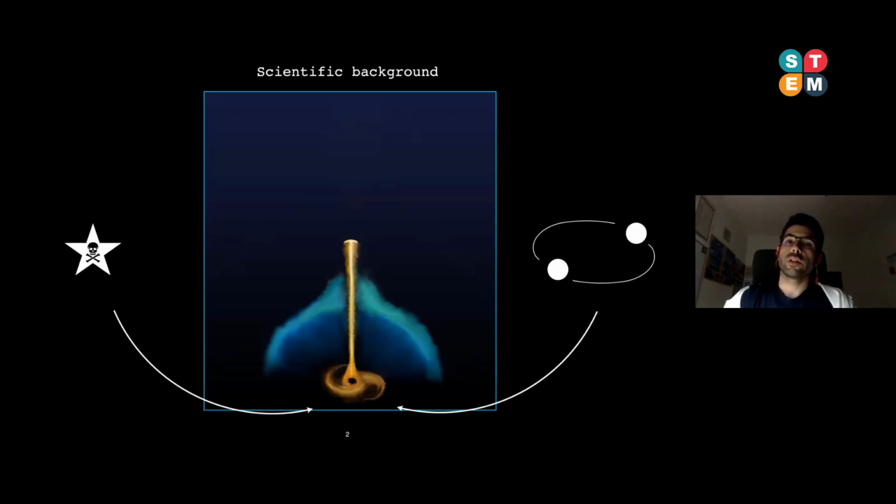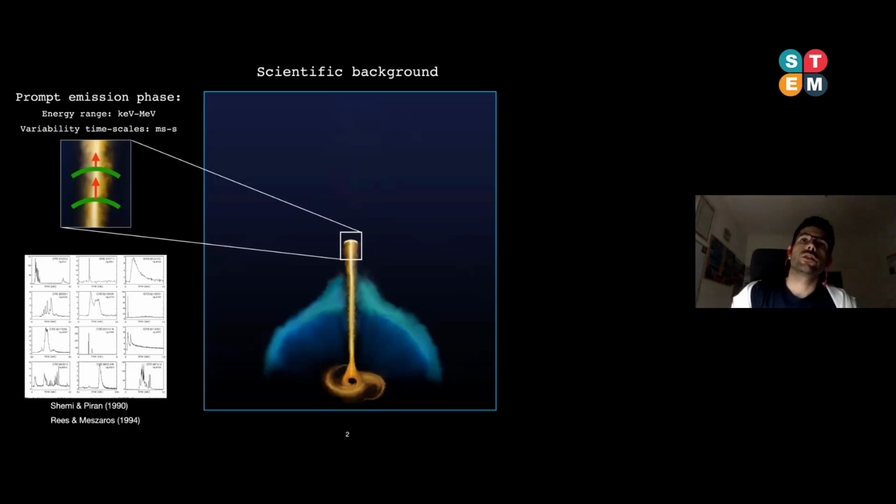In both cases, we have the formation of an accretion disk, which triggers the launch of a relatively collimated jet. This jet is able to dissipate its internal energy in the form of gamma rays. This is also known as the prompt emission phase, which is highly variable and erratic.